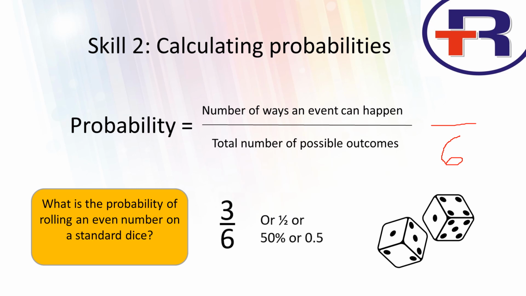The chance of getting an even number, 2, 4 or 6, there are only 3 of those. So the probability is 3 over 6. That's a fraction. It's also a half. 3 over 6 is a half. Or that's 50%. Or it's 0.5. So that's the probability given as a fraction, a decimal, and as a percent.